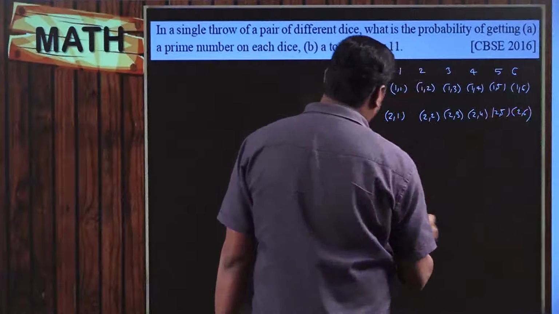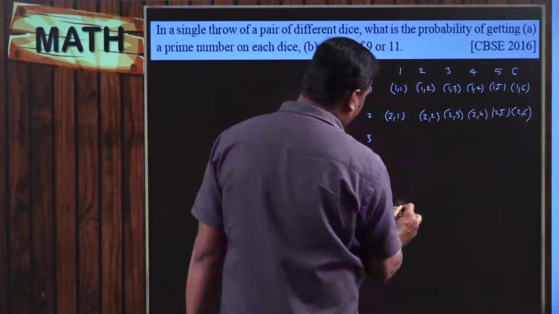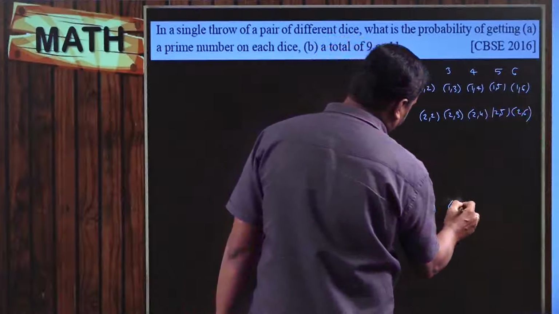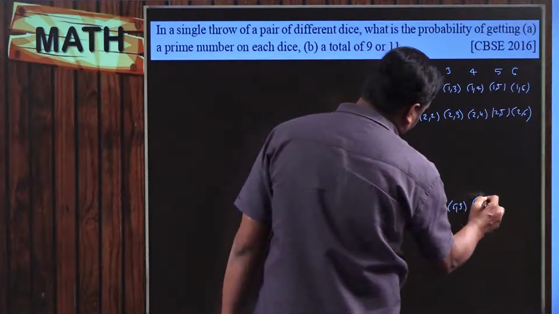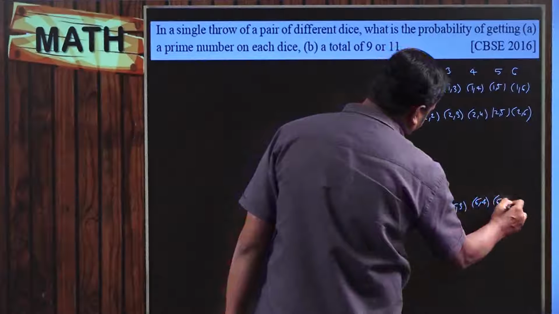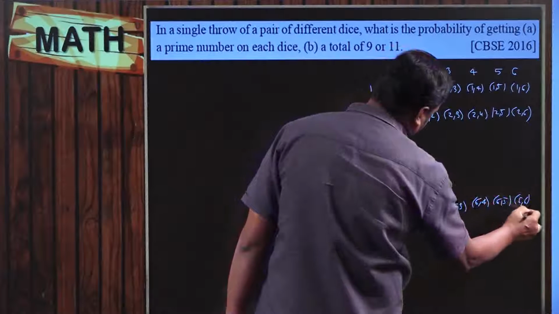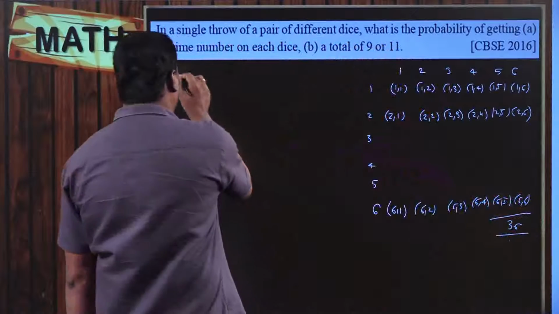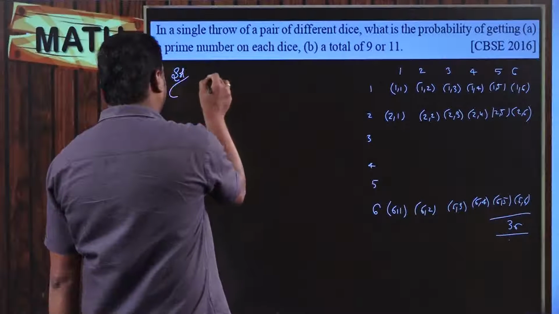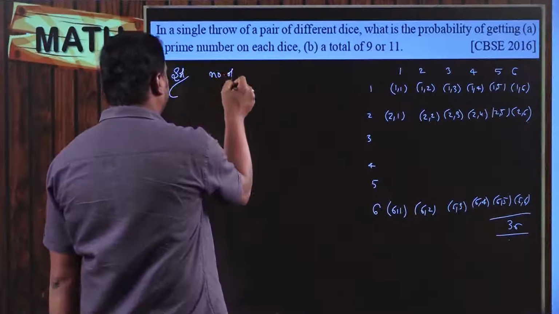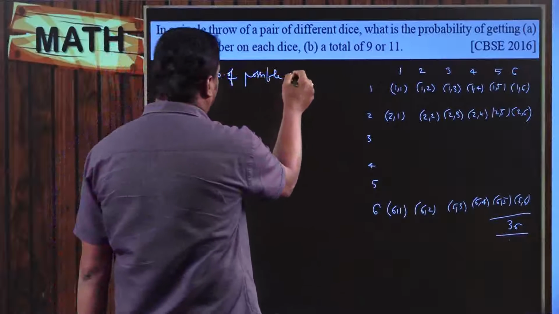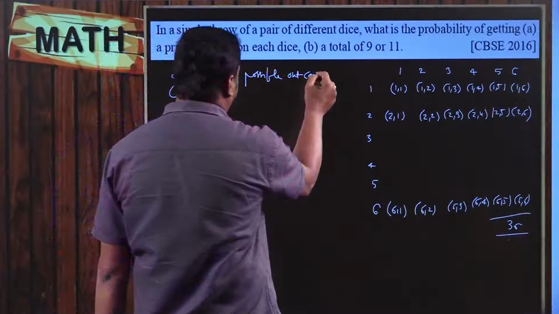Similarly we have 6 comma 1, 6 comma 2, 6 comma 3, 6 comma 4, 6 comma 5 and then 6 comma 6. So there are totally 36 outcomes. So the number of possible outcomes is going to be 36.